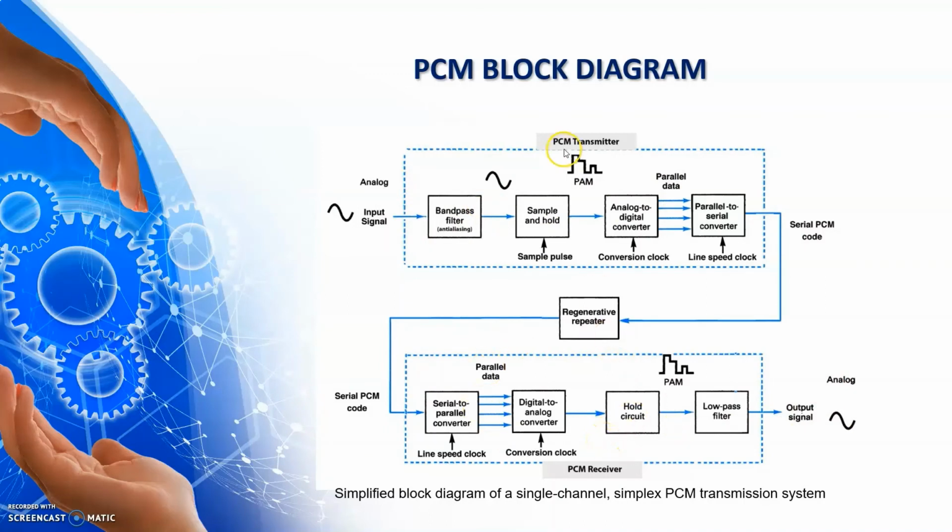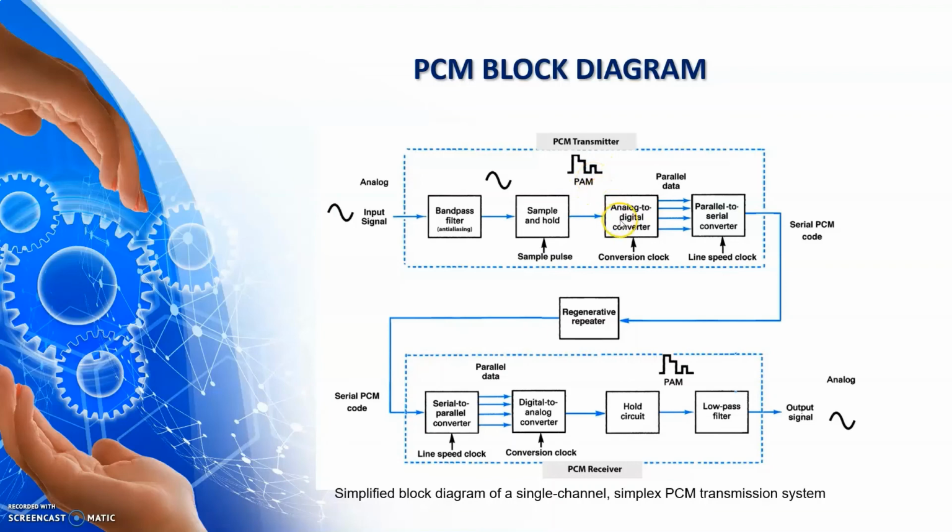In the PCM transmitter, the signal goes through the bandpass filter. The bandpass filter is to limit the frequency; normally the frequency range is around 300 Hz to 3 kHz. Then it goes to the sample and hold circuit, which periodically samples the analog input signal and converts those samples to a multi-level PAM signal.